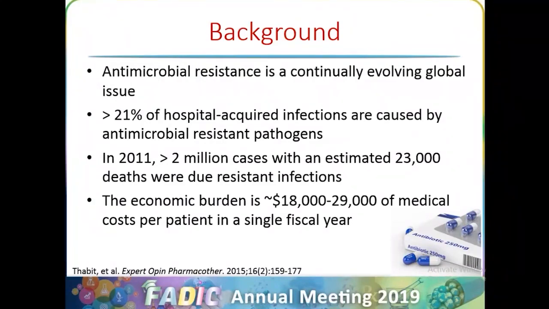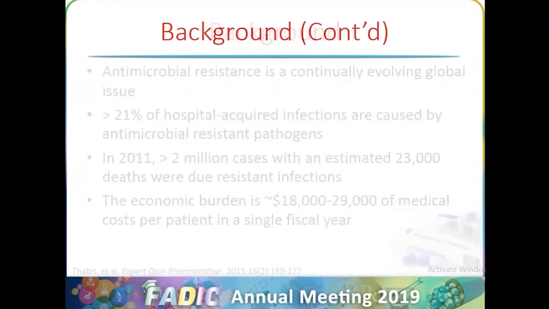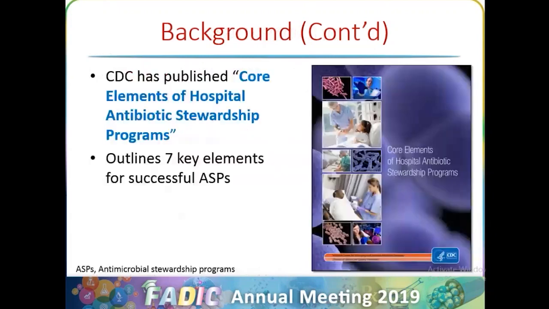So one of the very good resources for antimicrobial stewardship was a book that was published by the Centers for Disease Control and Prevention in the United States. It's called Core Elements of Hospital Antibiotic Stewardship Programs, which outlines 7 key elements for successful antimicrobial stewardship program.